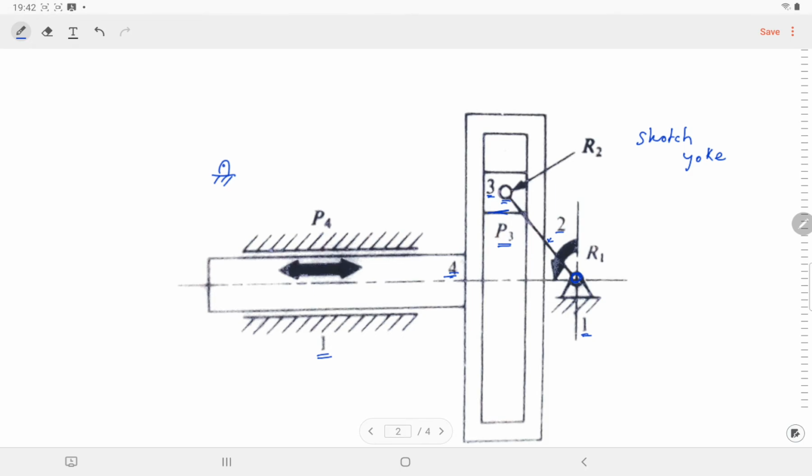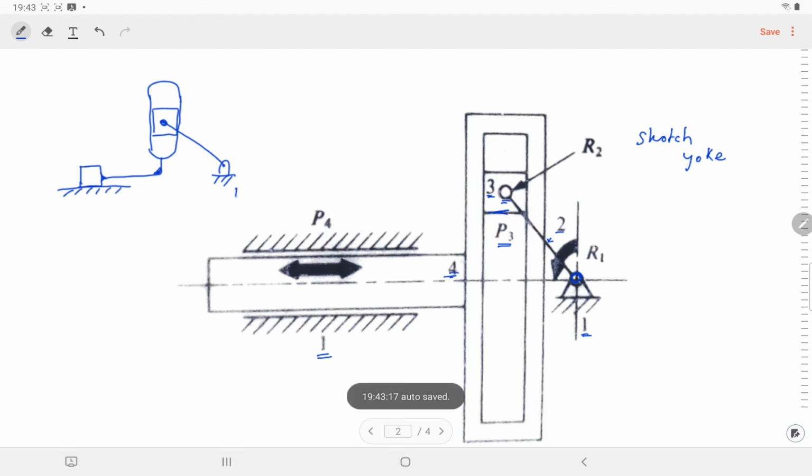Okay, and that fixed link is connected with link 2, say this one, and here we have link 3, and link 3 is connected with link 4, where this is a single link, so let me put it like that, and we have a slider, and also this is also fixed and it's moving in link 1.